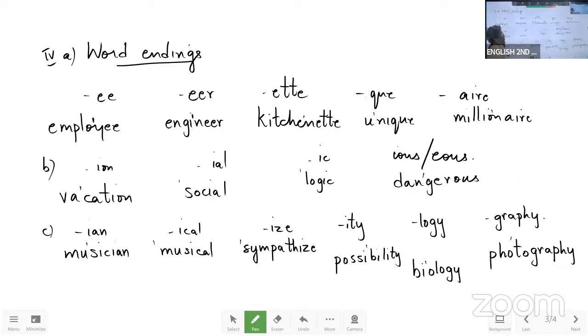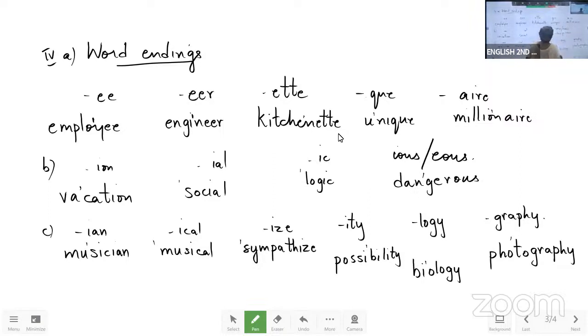The stress falls on the last syllable. When I say syllable, don't treat it as ETTE. When you pronounce it, it is kit, chain, net. So that is why you put it before N. Engineer. That's why before N. Employee. That's why before N. Unique. Before N.